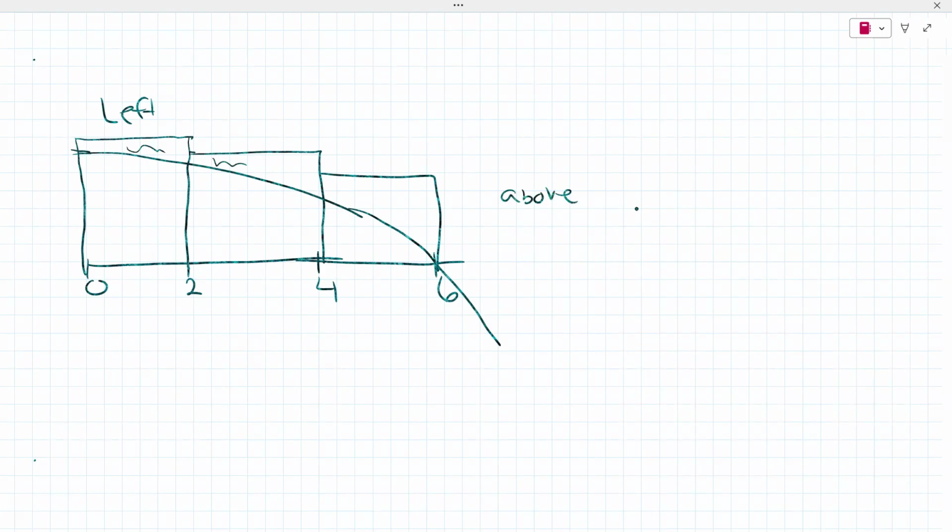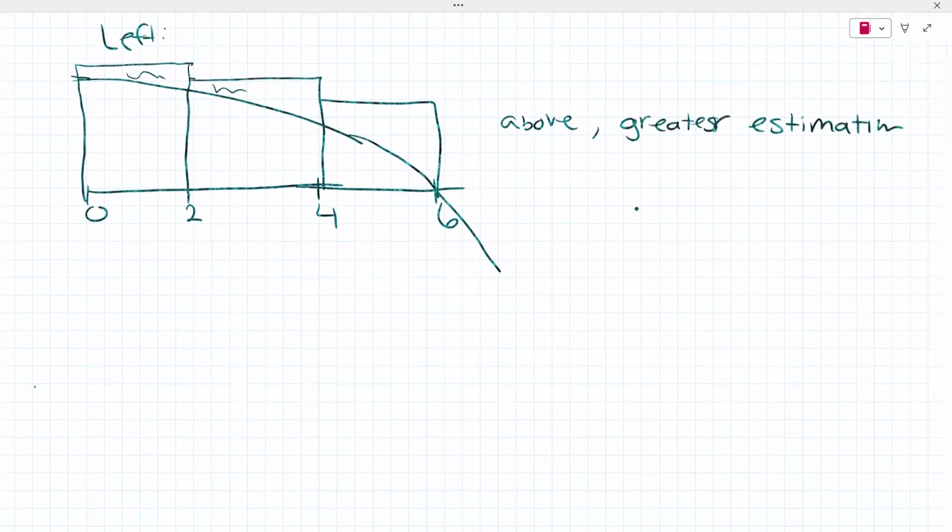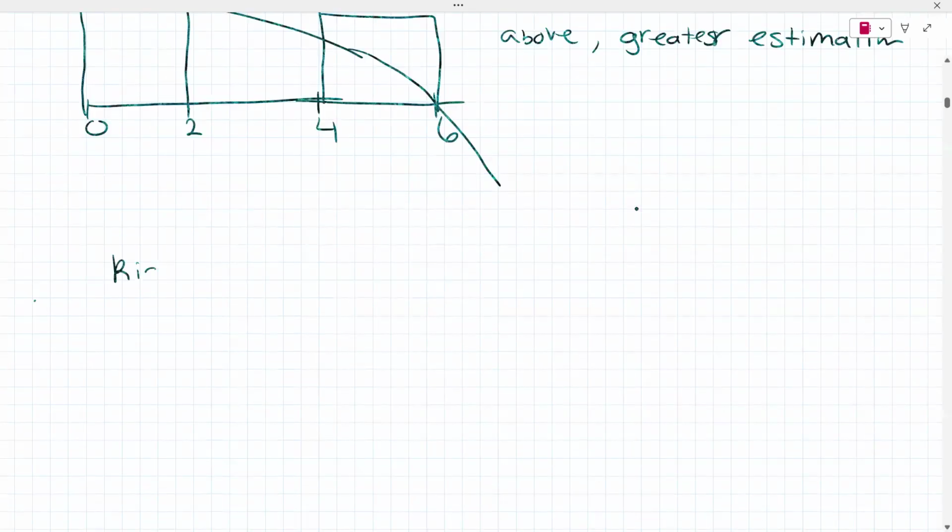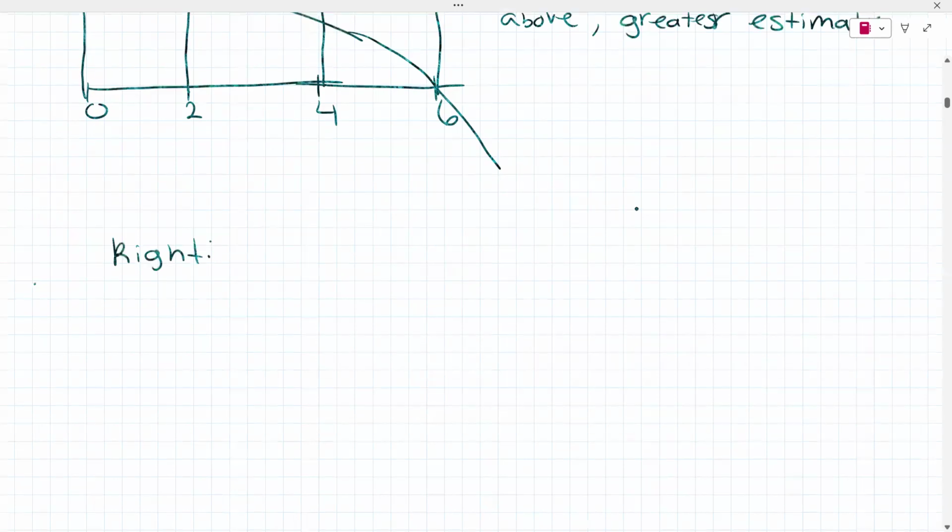And I'm going to say it's a greater estimation. You have a little bit extra, so it's going to be definitely a greater estimation. Okay, so that was the left, so that's definitely above or greater than, and then the right would look something like this.